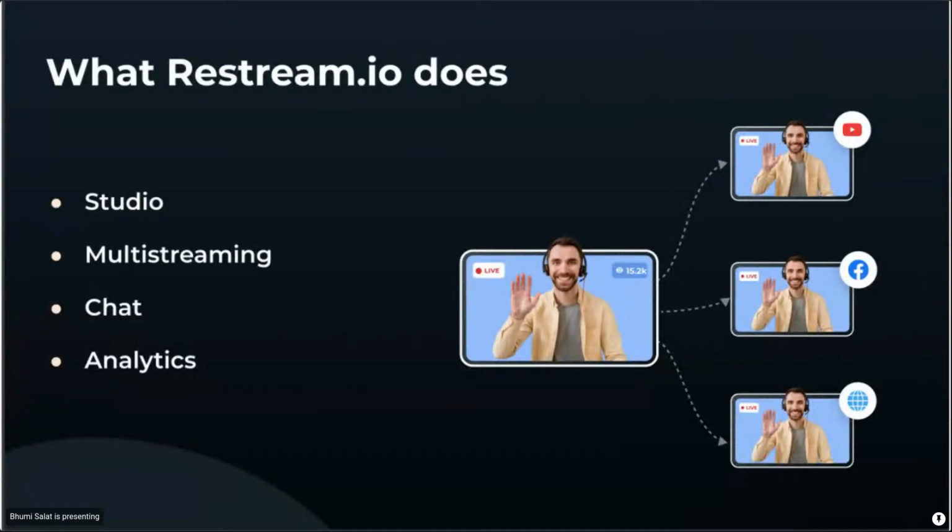So you can stream from one platform, from the video SDK, to multiple other platforms at the same time, like YouTube, Facebook, etc. You can add your restreaming details through the video SDK, the prebuilt SDK, in your website, and you can stream your data on multiple platforms at once.